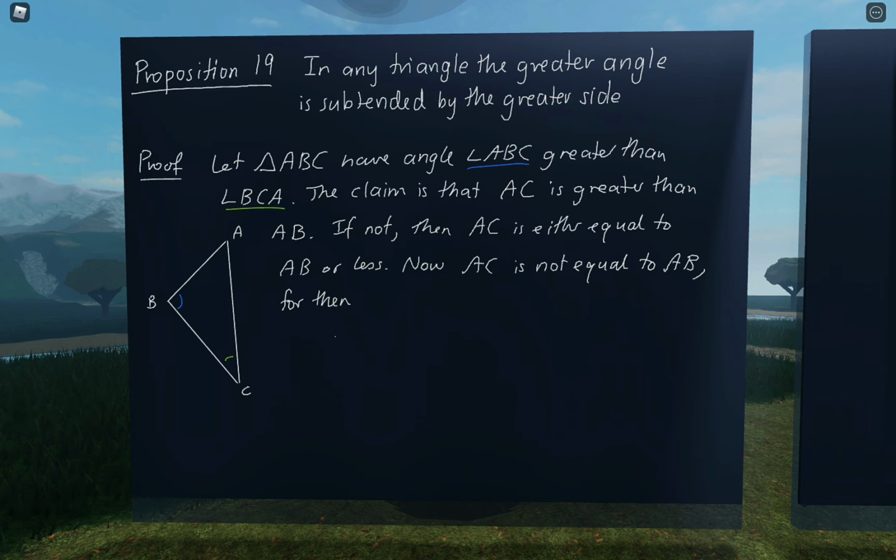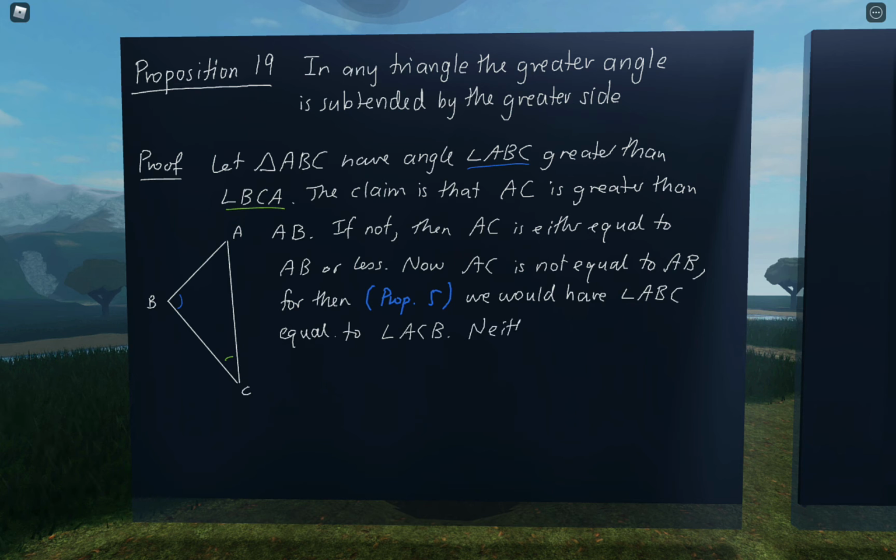Well, if AC was equal to AB, then by proposition 5, the angles would have to be the same, which is not true by hypothesis. Okay, so they're not equal.